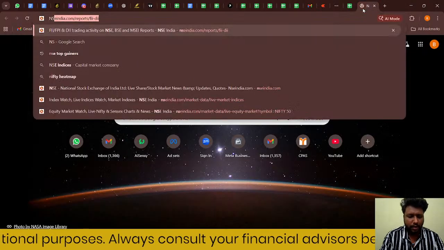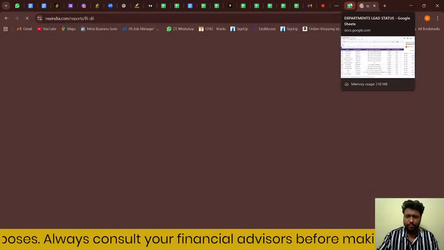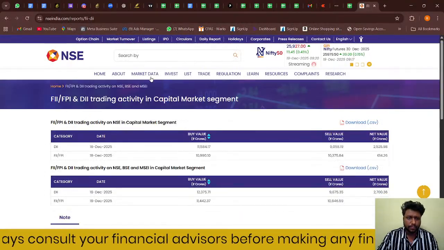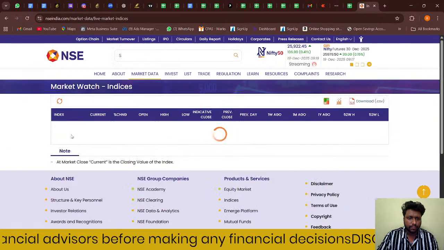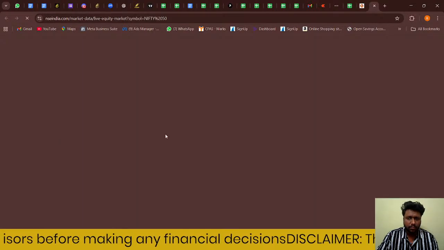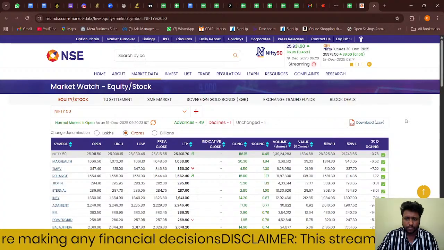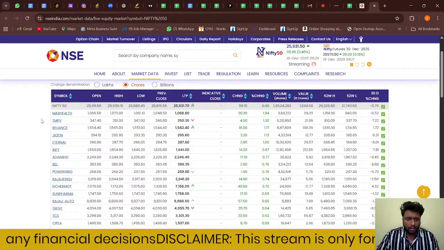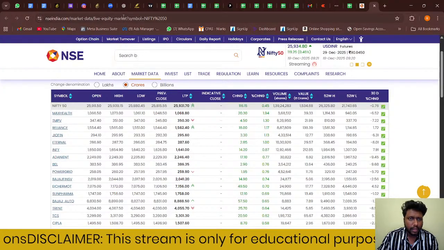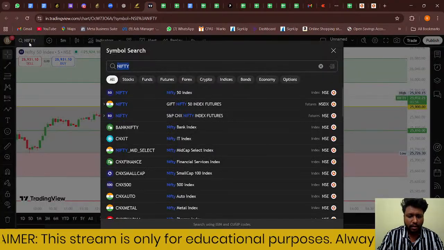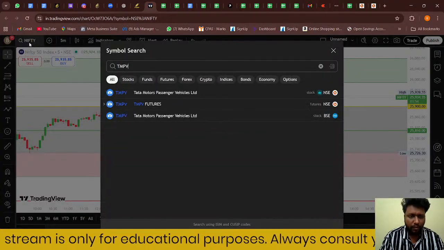So we'll have a look at the NSE side. Max Health, Tata Motors, we'll have a look at Tata Motors exactly, the Tata Motors TMPV.